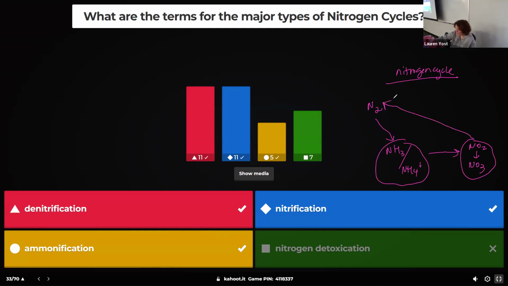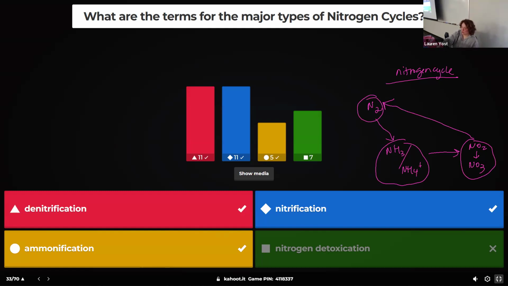Okay. There's 3 major steps in the nitrogen cycle. If you have N2 in the air, it's the most common component of the atmosphere. It's like 78% of our atmosphere is just N2, which is nitrogen gas.